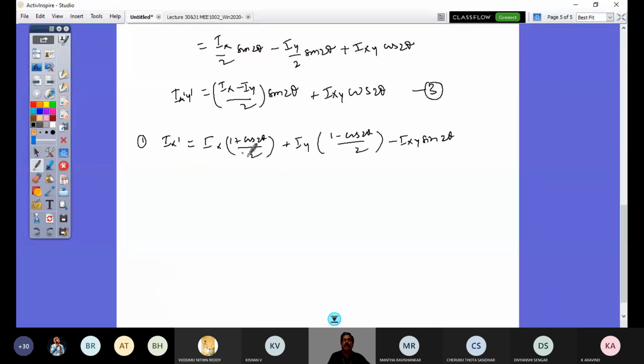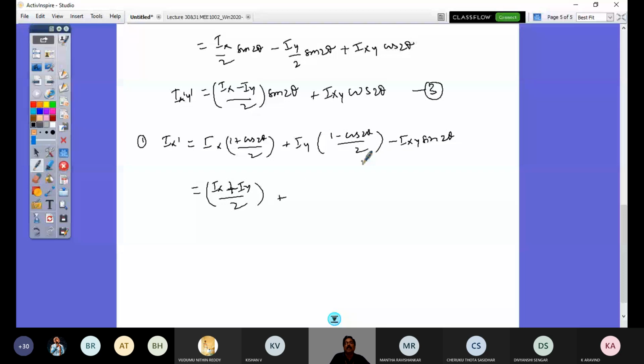So the first term is Ix by 2, here Iy by 2, so I can take that term, Ix plus Iy by 2, out, plus the second term, Ix cos 2 theta by 2, here minus Iy cos 2 theta by 2. So I can take cos 2 theta by 2 out.